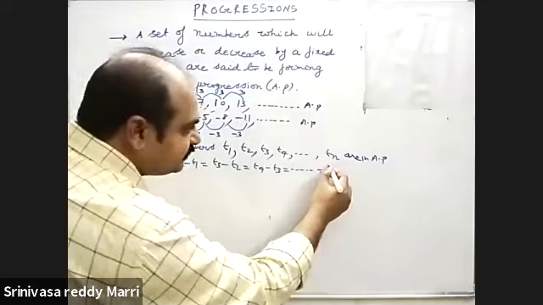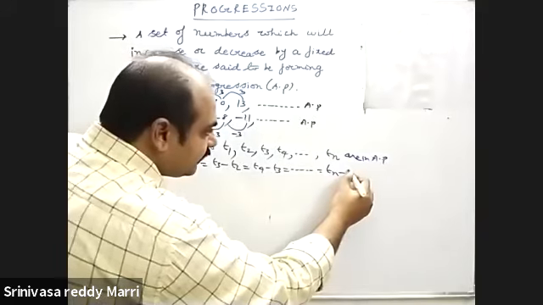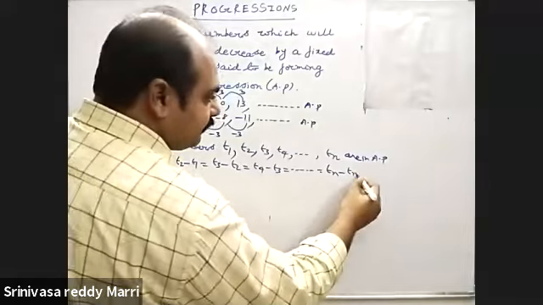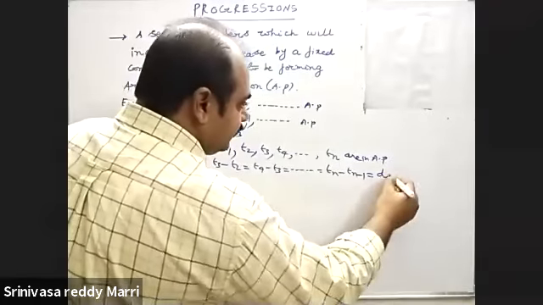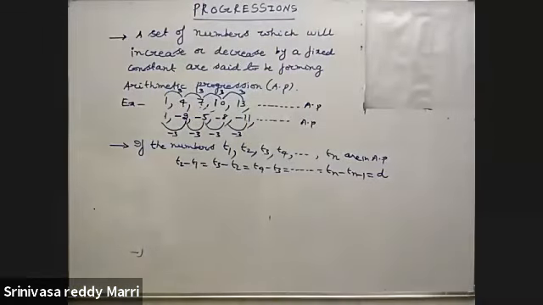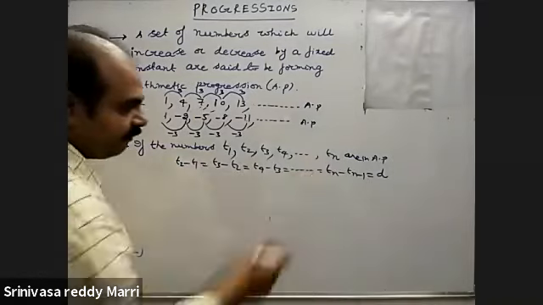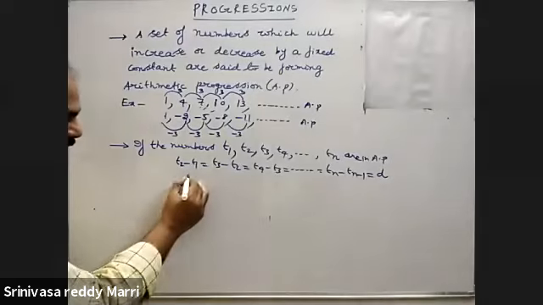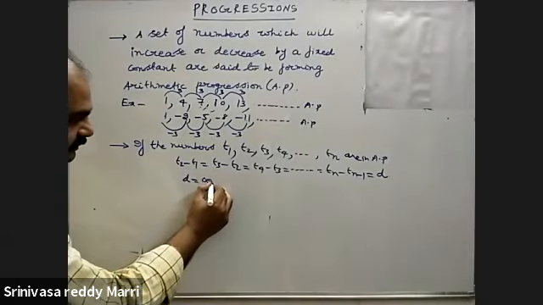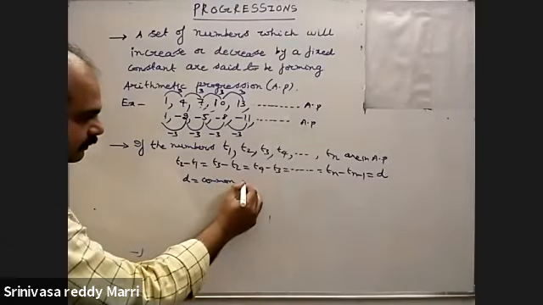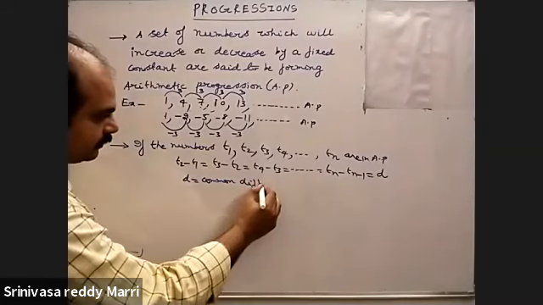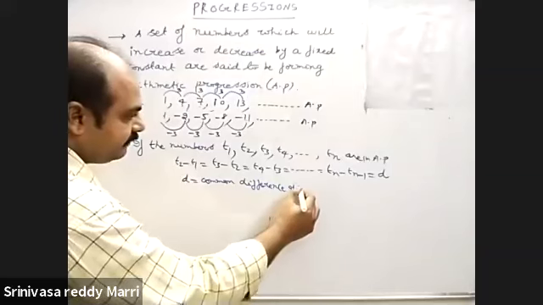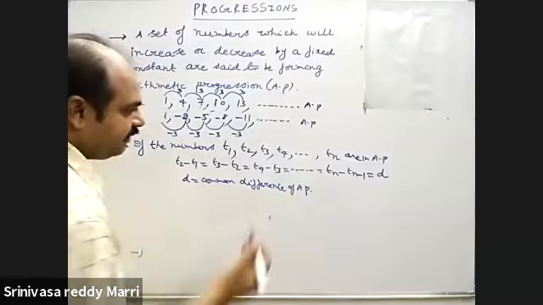For every successive pair, Tn minus the (n minus 1)th term is nothing but D. If these differences are the same, then they will be in AP. This D is called the common difference of AP.